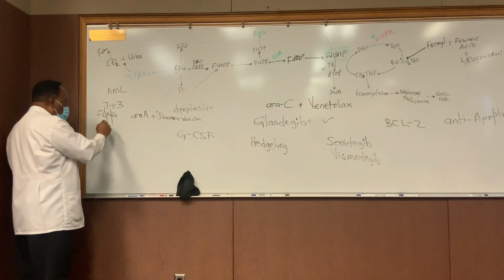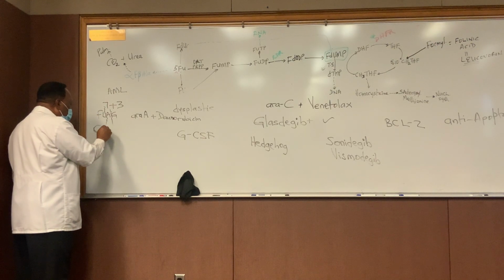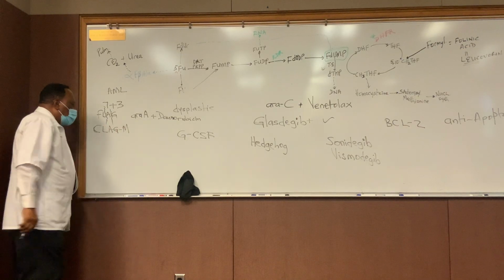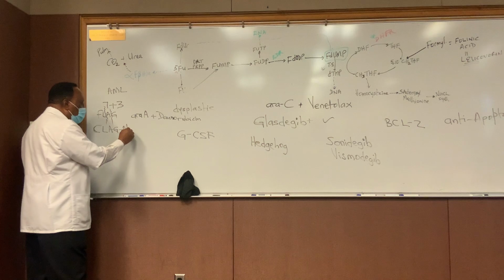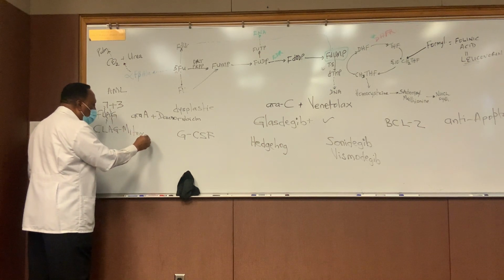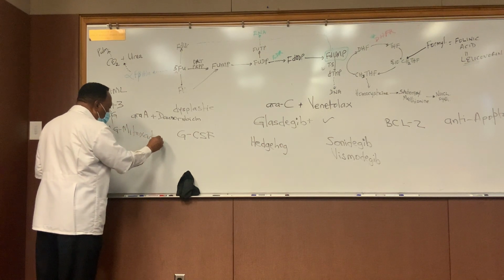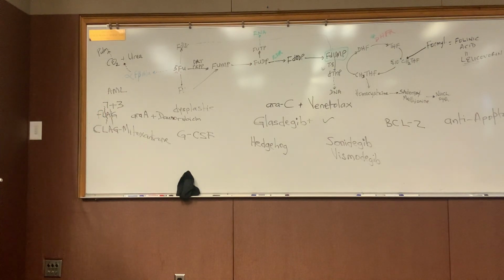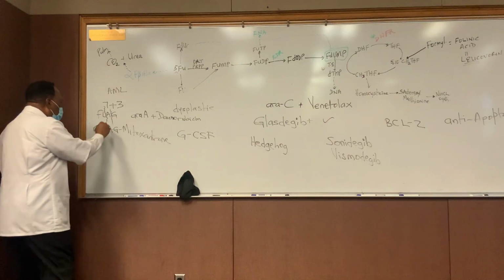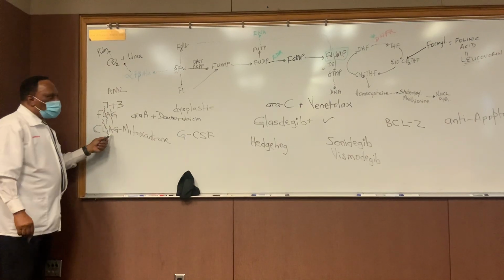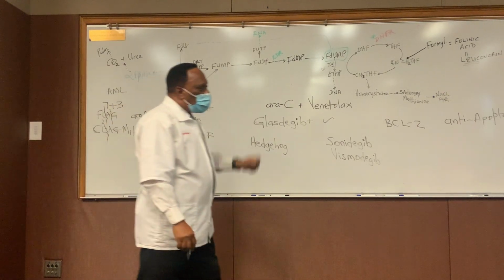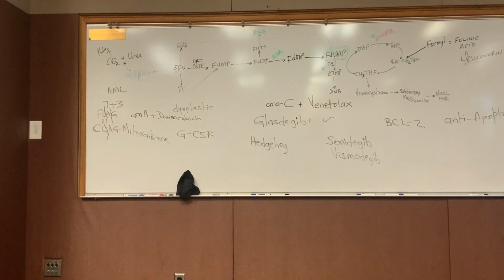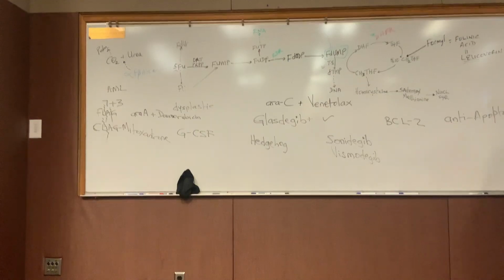You also have CLAG-M. Okay. The M there is mitoxantrone, which is one of your alkylating agents. And the CLAG, the CL, is cladribine, which you will see up there under purines. Up here, number 14.